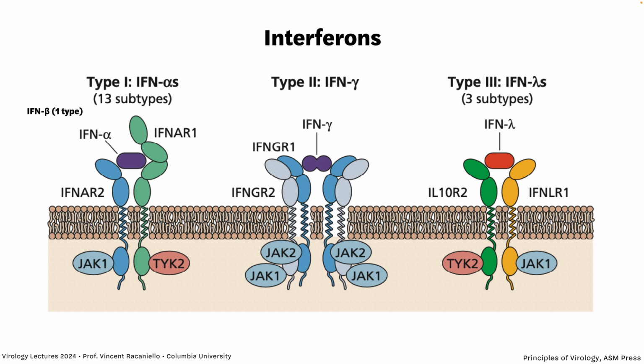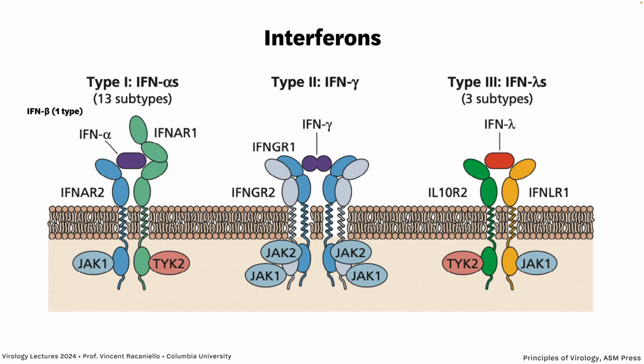talk about later. So there are three kinds of interferons that we want to talk about: type 1, type 2, and type 3, or alpha and beta, gamma, and lambda. So the interferons are soluble proteins, and they have receptors that are distinct for each one of them. So here on this picture, we have the three sets of ligands and receptors.